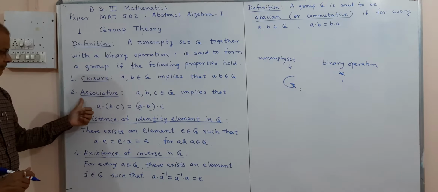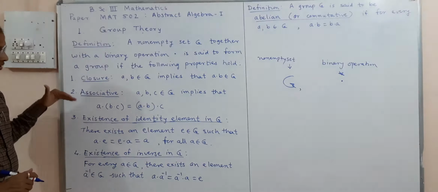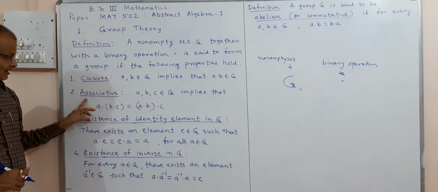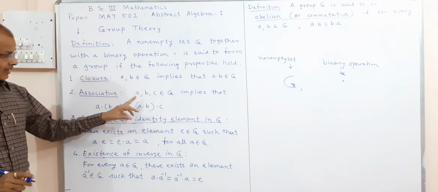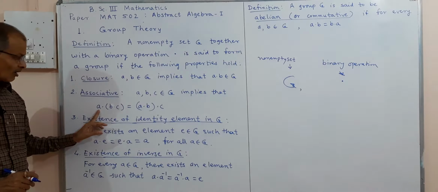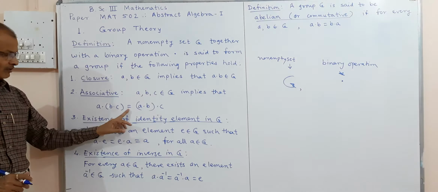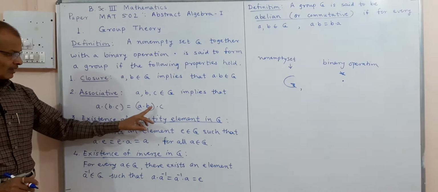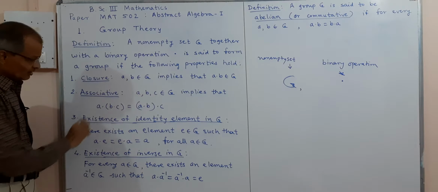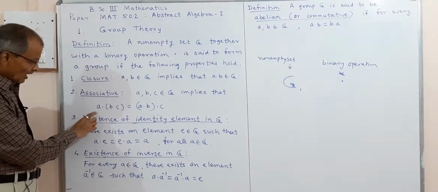And the second, which will be more clear when we consider the examples of a group, is associative. For any three elements a, b, c in G, a dot (b dot c) is equal to (a dot b) dot c. That means we can change the grouping here.